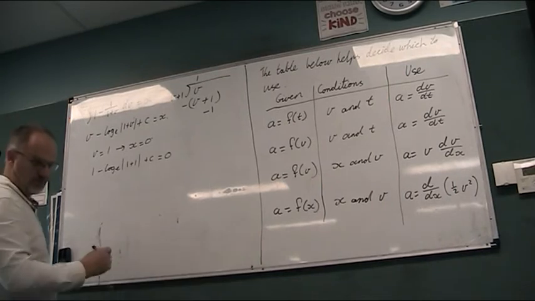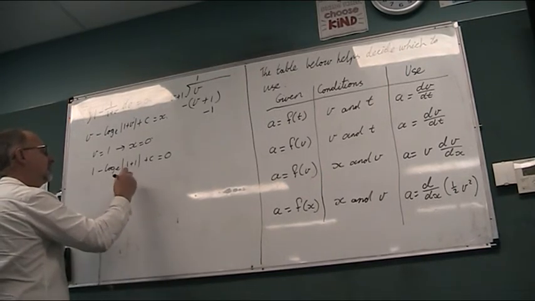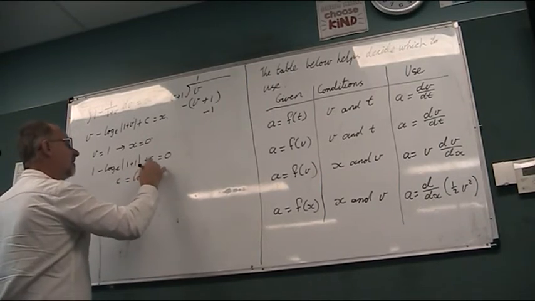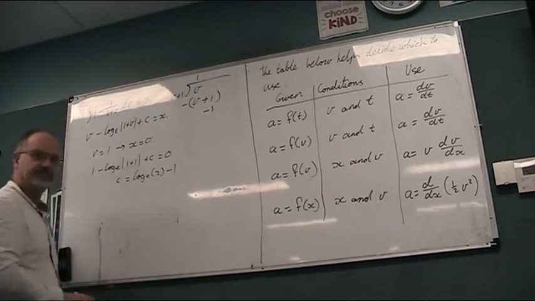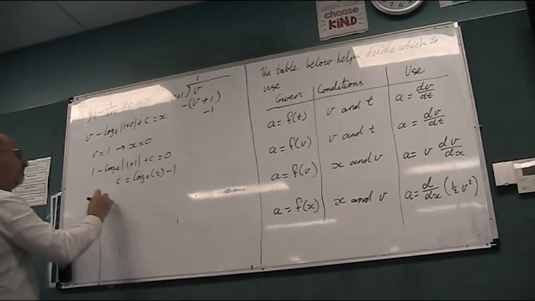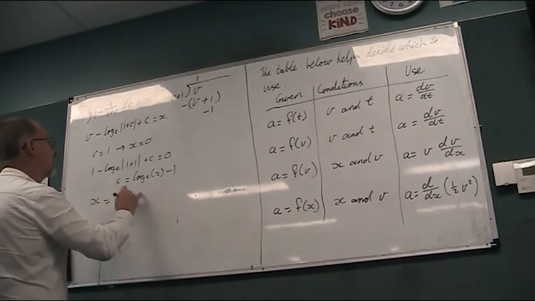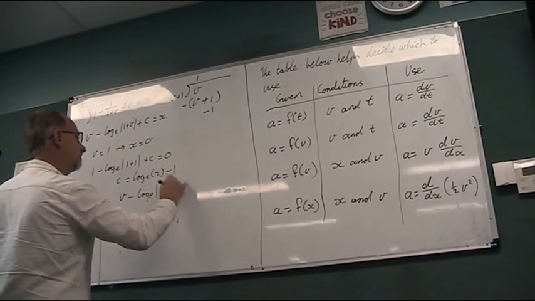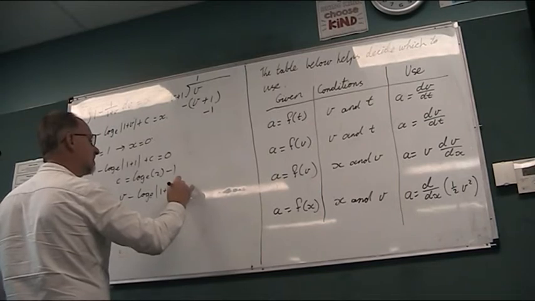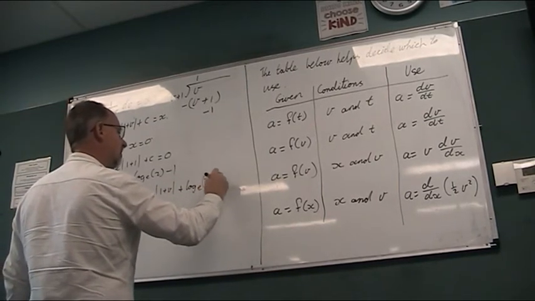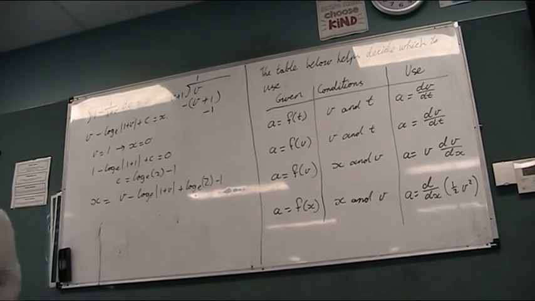So our constant would be log to the base e of 2 minus 1. So that means then our position would be v minus log to the base e of (1 plus v) plus the constant, which is log to the base e of 2 minus 1, and that's what x would be.